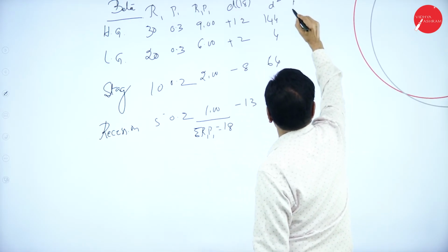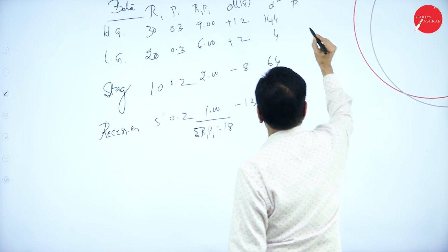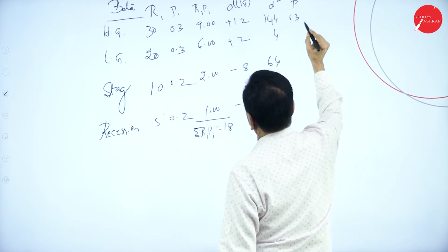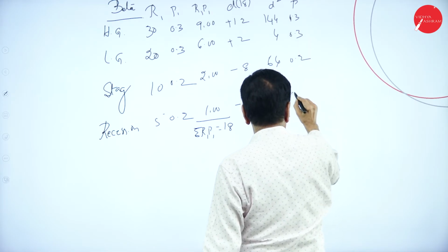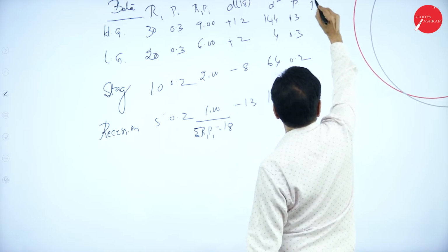Then probability 0.3, 0.3, 0.2, 0.2. PD square.